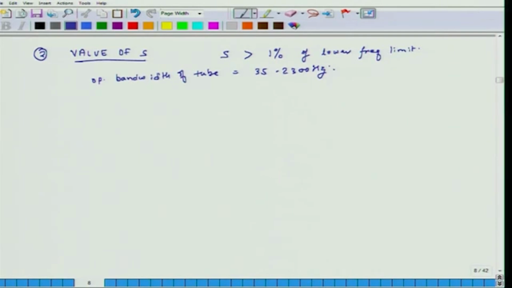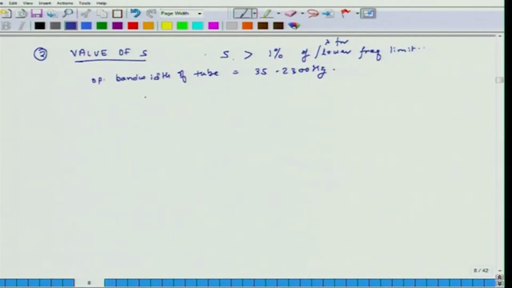So one consideration we have to satisfy is that S should be more than 1% of lower frequency limit. Actually this is wrongly worded, 1% of lambda for lower frequency limit.